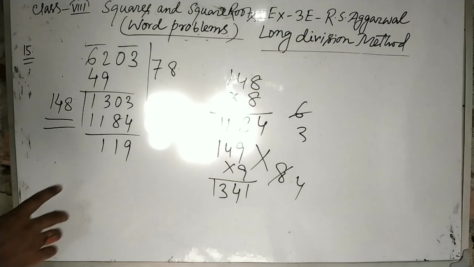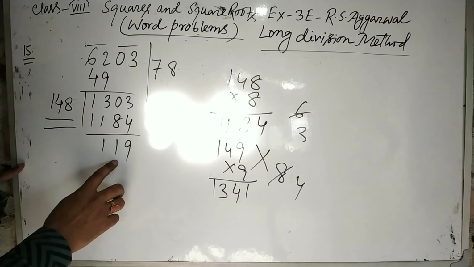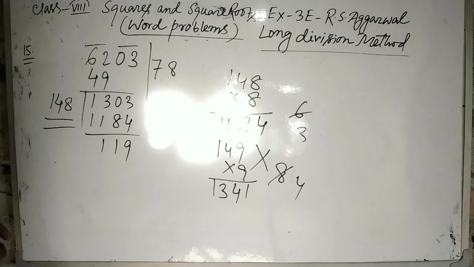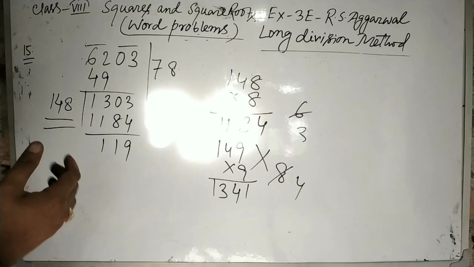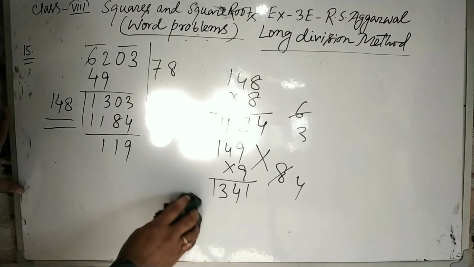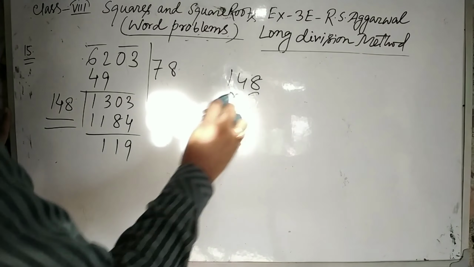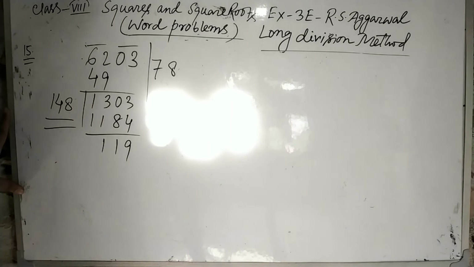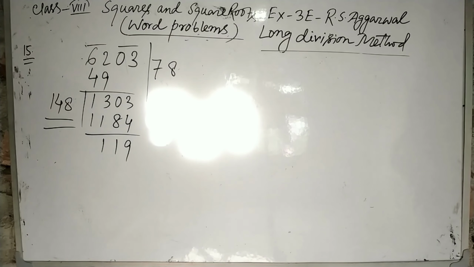Now look, if we subtract 119 from 6203, we will get a perfect square number, but our question was what we have to add with 6203 so that the resulting number will be a perfect square number. Okay?